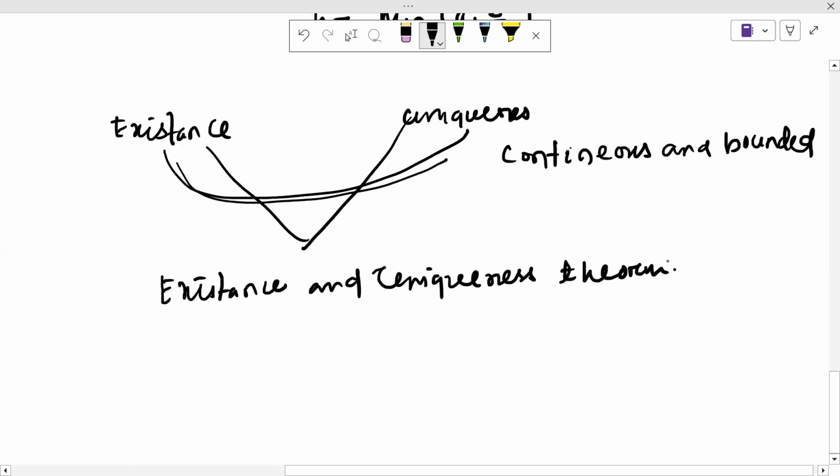For the existence and uniqueness theorem, another condition is satisfied, that is the Lipschitz condition.